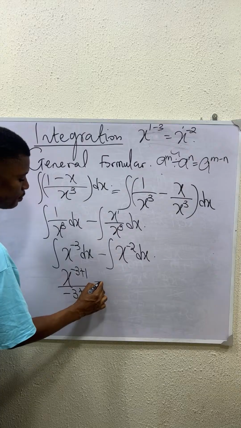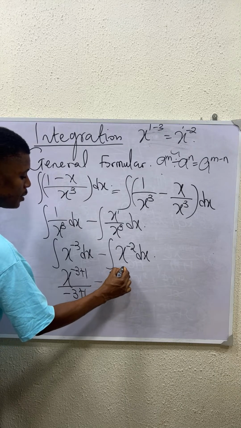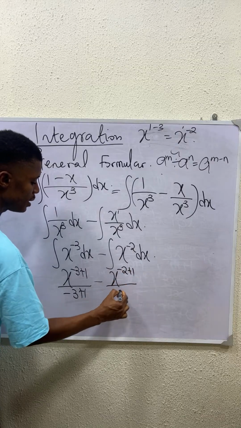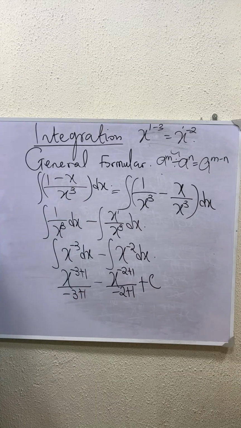Then minus, we have x to the power of minus 2 plus 1 divided by minus 2 plus 1 plus the constant of integration. So this is, you added the constant of what? Integration. Okay? You added the constant of integration. So let us know what's the value for.